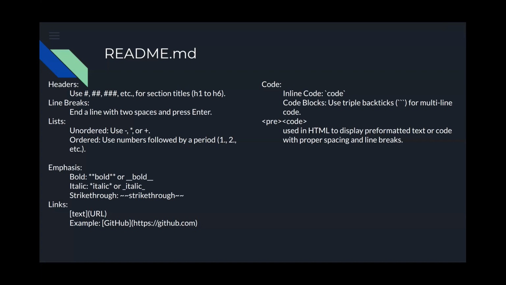It's really nice because all you need to know is the hash or the pound for headings. Depending on how many you have, it shows what level of heading. Also, the dash is for bullets. I think a number and a dot is for numbered bullets.